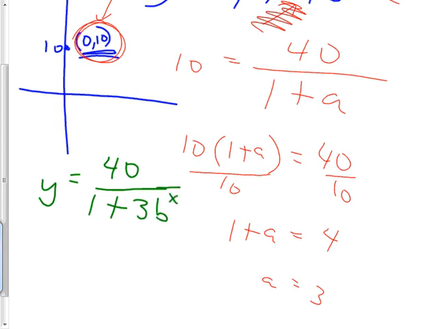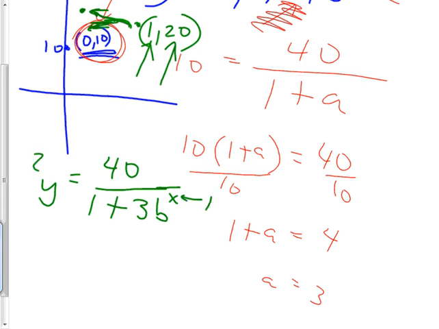Then I have to do it all over again and use the other information they gave me, which was that it was passing through 1 comma 20. So 1 comma 20, I now have an x of 1 and a y of 20. I'm going to put a 1 here and a 20 here, and I solve it.